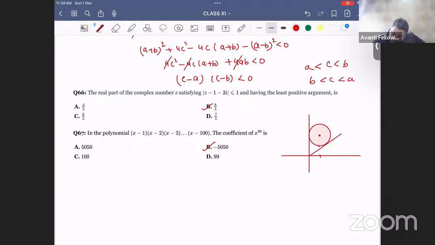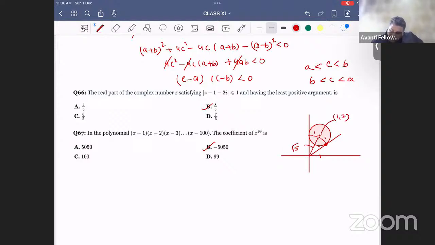Now you have this. You are looking for this complex number, whatever it is. See, this center is 1, 2. This radius is 1. This length is what? Root 5.